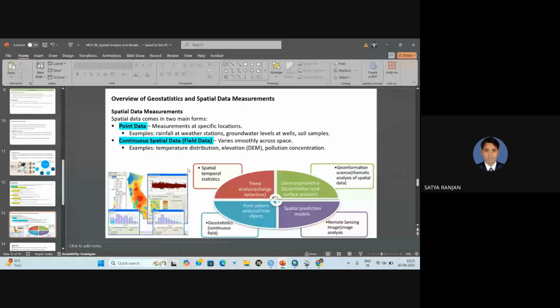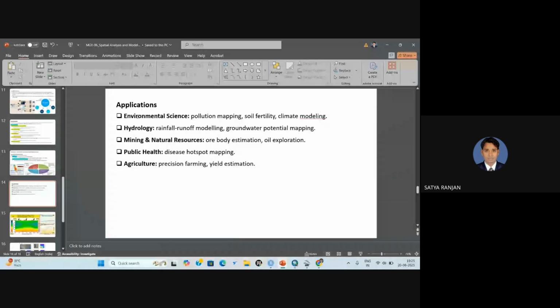Some of the applications are in environmental science, like pollution mapping, soil fertility, climate modeling; hydrology like rainfall modeling, groundwater potential mapping; mining and natural resources, ore body estimation, oil exploration; public health like disease hotspot mapping; agriculture like precision farming, yield estimations.